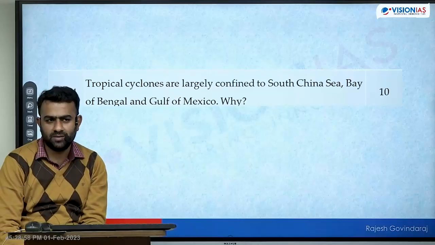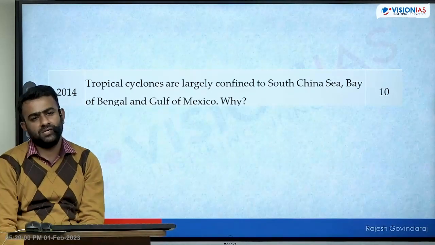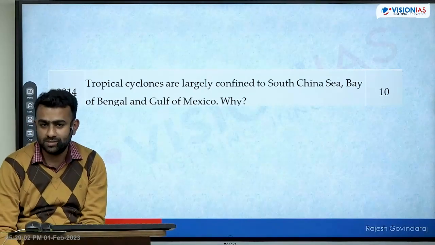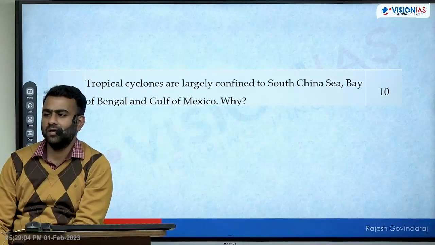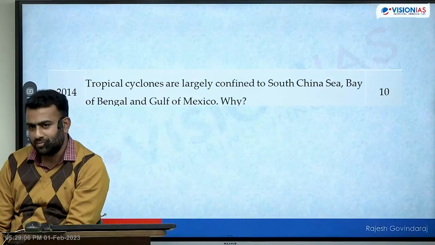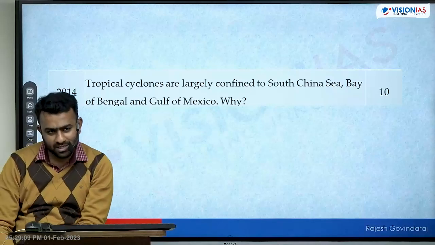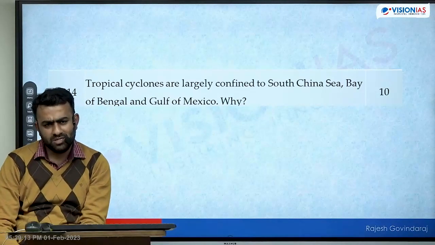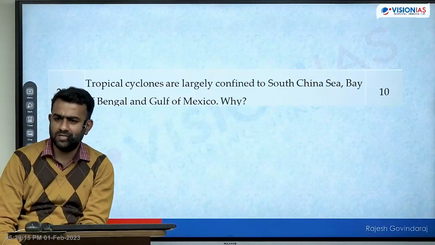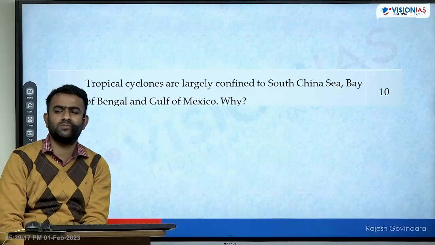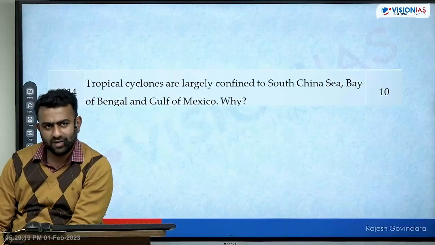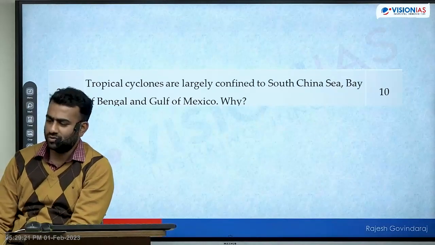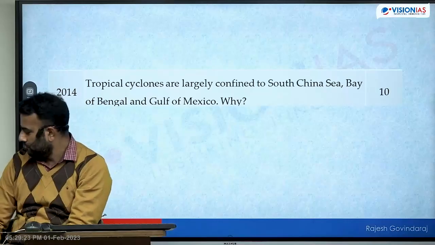These conditions are present here. These conditions are not present in other regions. दूसरी रीजन्स में ये अवेलेबल नहीं है. फॉर एग्जाम्पल अरेबियन सी में नहीं है, ईस्टर्न अटलांटिक ओशन में नहीं है, टेम्परेचर कम होता है. ईस्टर्न पैसिफिक ओशन ऑल्सो द सेम कंडीशन, टेम्परेचर इज लेसर. सो लाइक दिस यू हैव टू एक्सप्लेन दिस. बेसिकली जो 7 कंडीशन पे ही क्वेश्चन आए हैं, सो यू हैव टू अप्लाई दिस एंड गिव एग्जाम्पल्स बस.